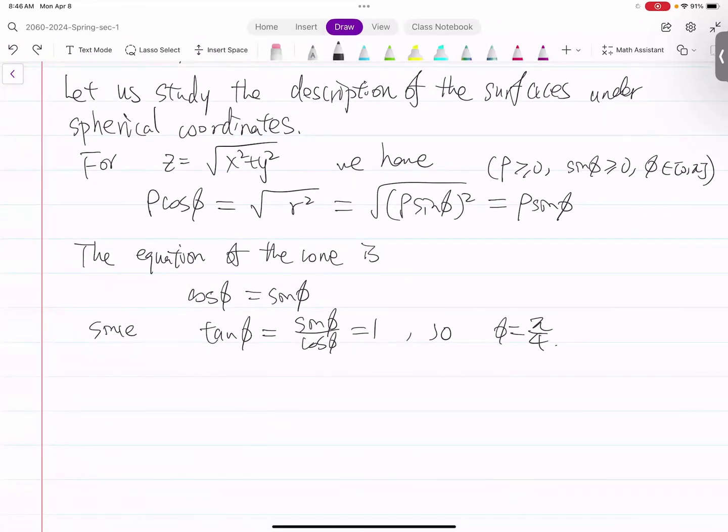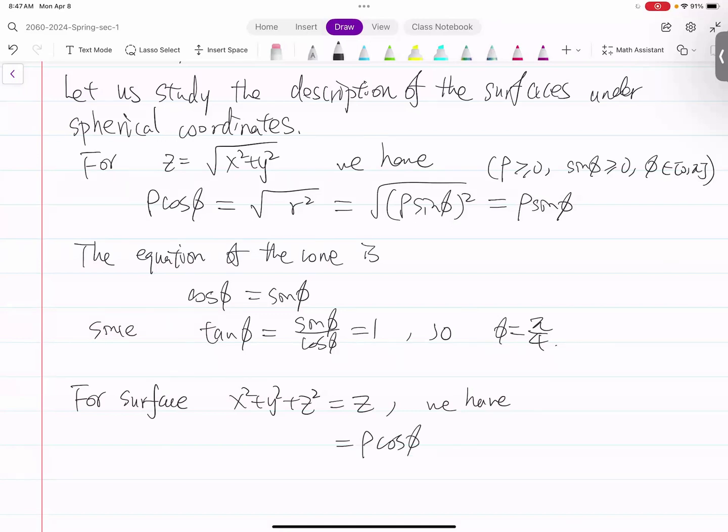Right. So now let's look at the spherical description for the sphere. X squared plus y squared plus z squared equals z. So we again do the translation. z we know is rho cosine phi on the right hand side. But the left hand side, the sum of squares, equals rho squared. So that's kind of straightforward.